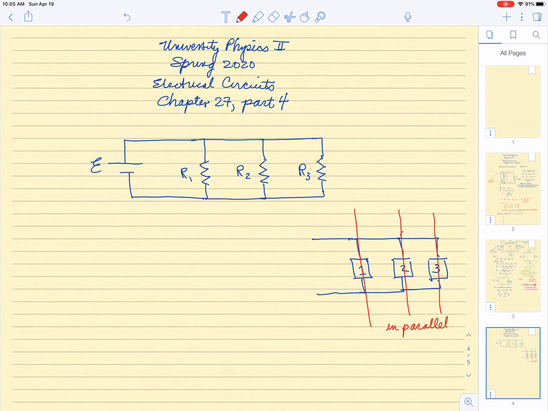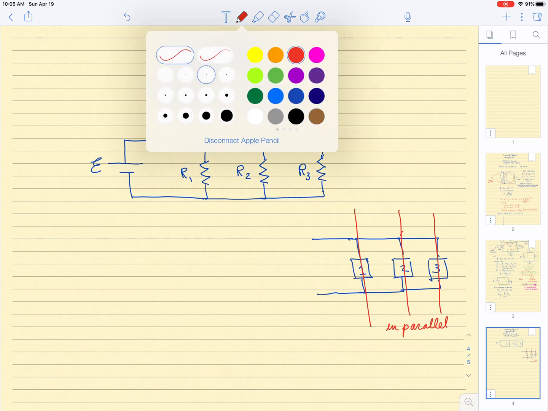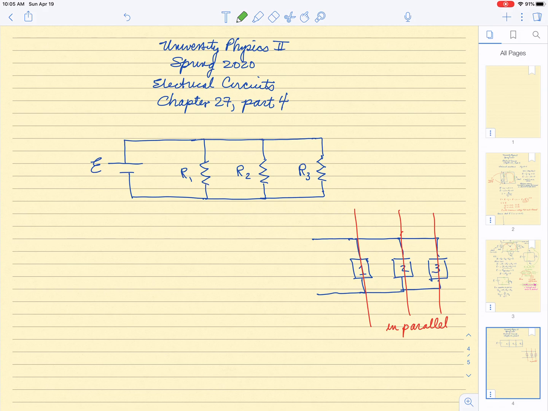The important part is, as with series, right? We have no intervening components. So, for instance, if I were to put a device in here, device 4, then device 2 and 3 are no longer in parallel.